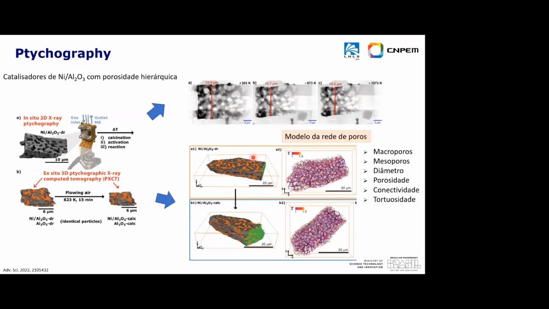They also performed a 3D analysis of the sample. So here is the reconstruction. Here we can observe the macropores in orange, and in gray it's the material itself, the nickel and the alumina. Here is the result of the segmentation of the pore network. It's interesting, you can observe how they are connected, you can separate them by size as well, how the large pores are connected with the smaller ones or not.